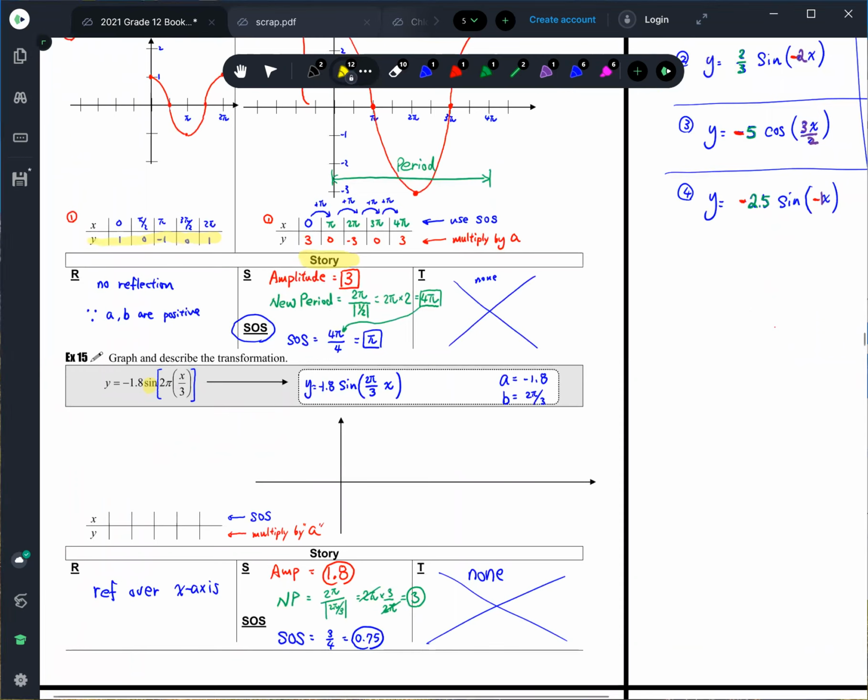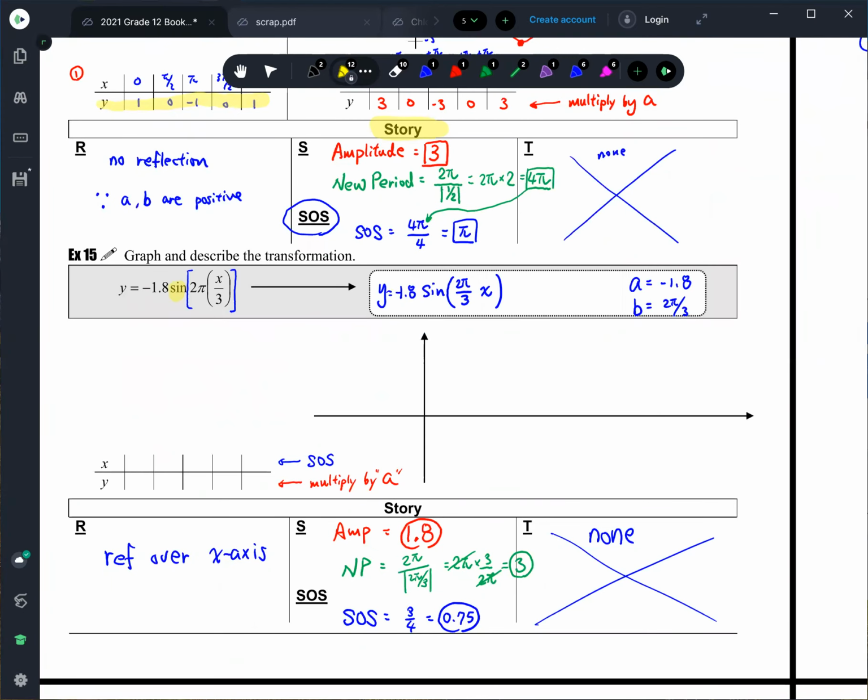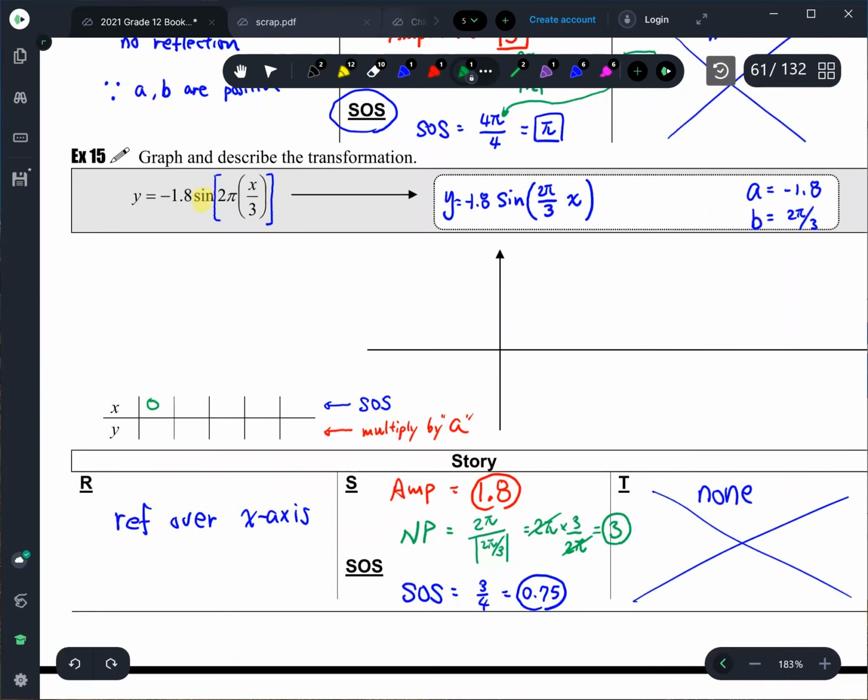Okay, let's check the values. Okay, most of you are done. Okay, Caleb, can you tell us how to get the x values? You add 0.75 from 0. Yeah, so the first is 0, next one 0.75, and then... go on. 1.47.